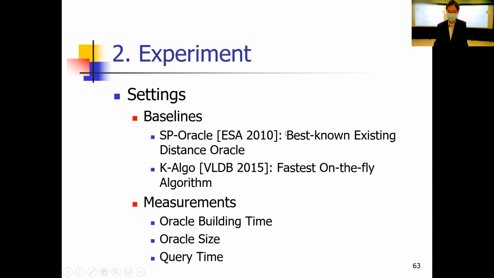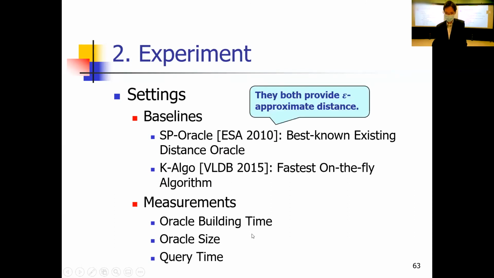So we use the 2 best ones for comparison. We measure the building time, the size of the data structure, and also the query time. And these 2 algorithms also certify epsilon approximate distance, so the distance returned is also bounded by epsilon.